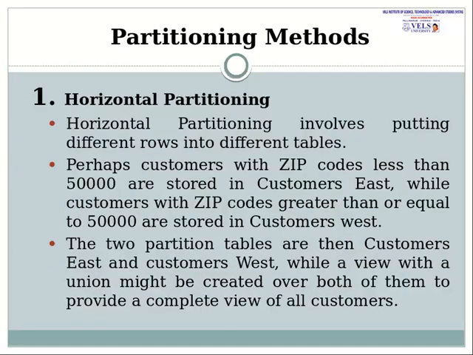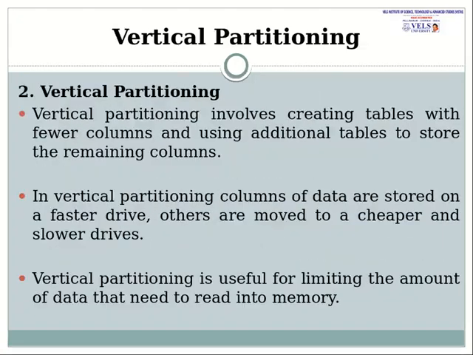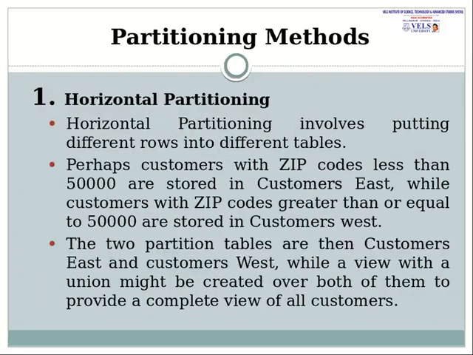There are two types of partitioning: horizontal partitioning and vertical partitioning. Horizontal partitioning means putting different rows into different tables.